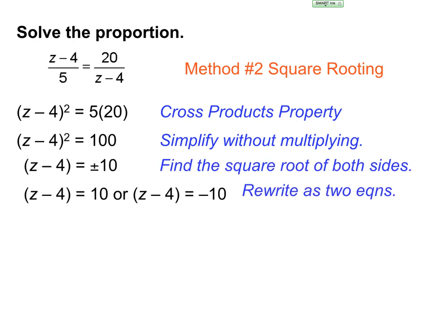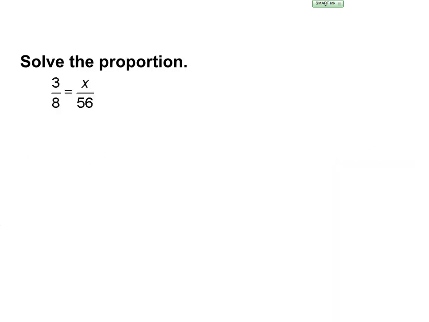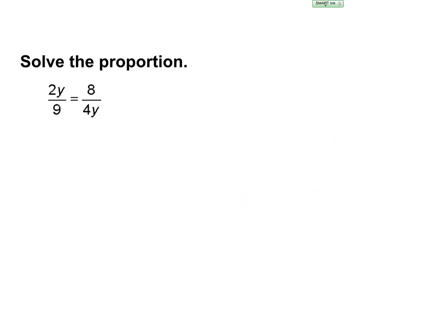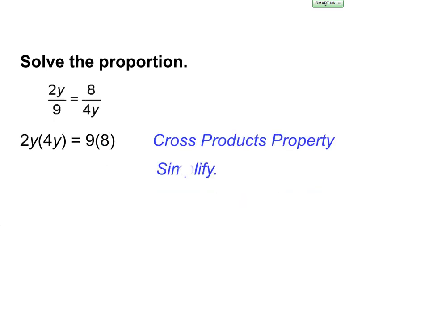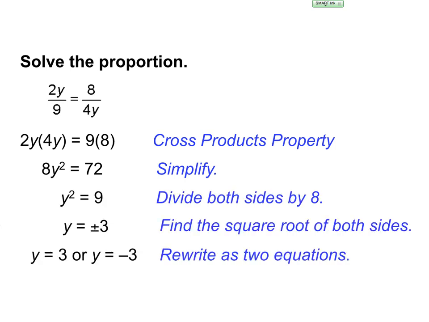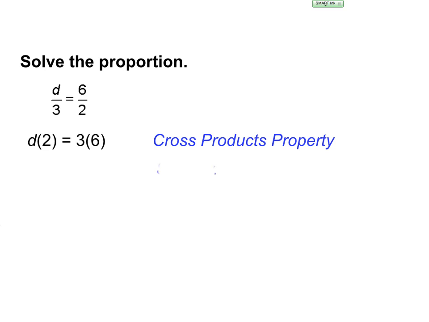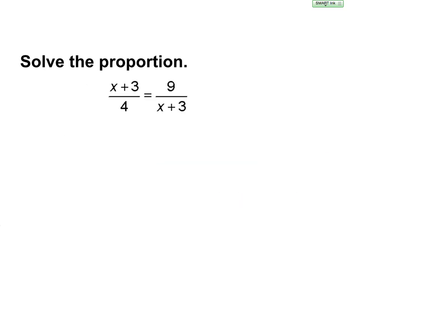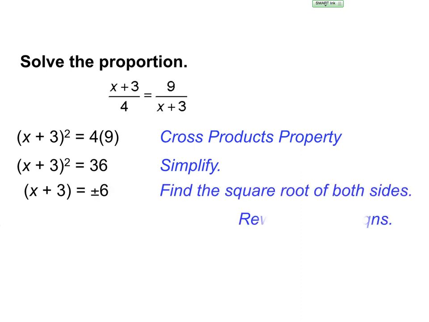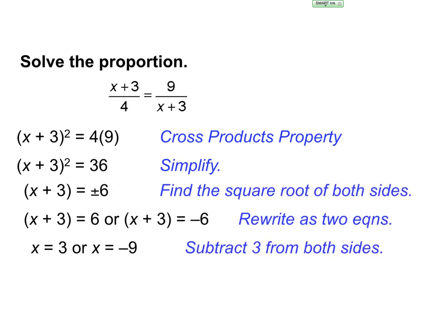There is a different method to solve those, but I'm going to skip that. So let's talk about the geometric mean. That's actually in lesson 8.1. So if you'll flip in your notes to 8.1. As we have time, we can go back and solve a few more of these quadratics.